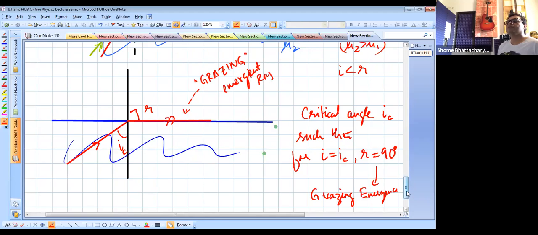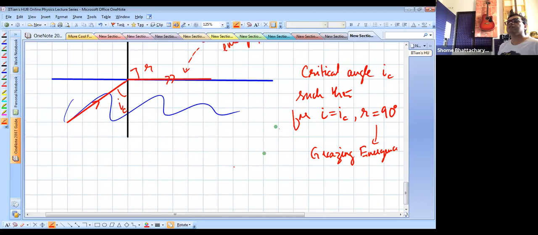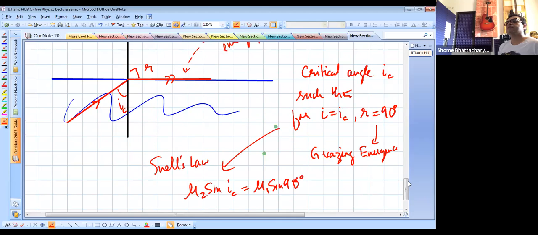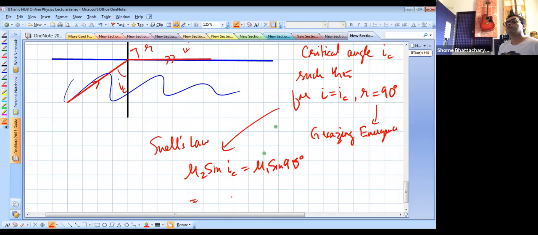Now in terms of formula, you will see, apply Snell's law. So mu2 sine of critical angle becomes mu1 into sine of 90 degrees. And so the formula of critical angle now becomes sine inverse of mu1 by mu2.